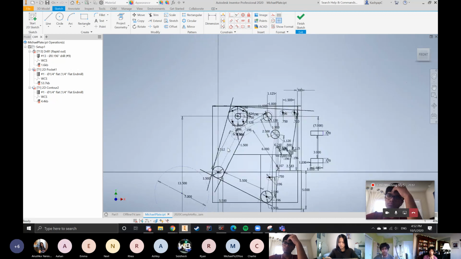Then your sketch will begin to define itself, because you've given Inventor enough information that these circles basically move into this position, because there's only one place they can be based on how many constraints you've given them.